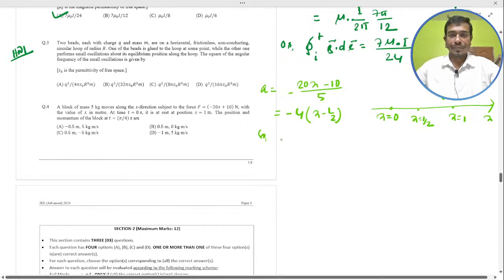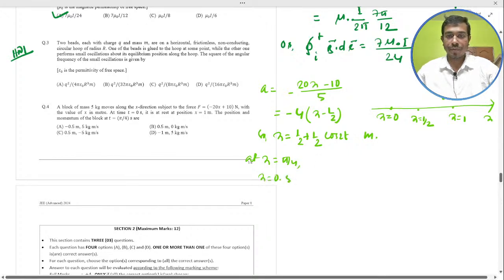So, x equal to what? Half plus half cos twice t meter. So, at t equal to pi by 4 second and x equal to 0.5 meter, the velocity would become minus half into 2.